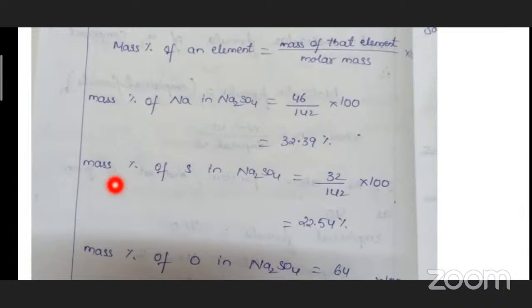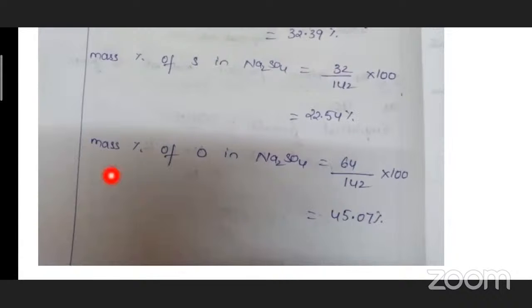Similarly, calculating the mass percentage of sulfur. How many sulfurs are there? Only one sulfur. So what is the weight of sulfur over here? 32. So 32 divided by 142 into 100. Upon calculation, you will be getting it as 22.54. So mass percentage of sulfur in sodium sulfate is 22.54%.